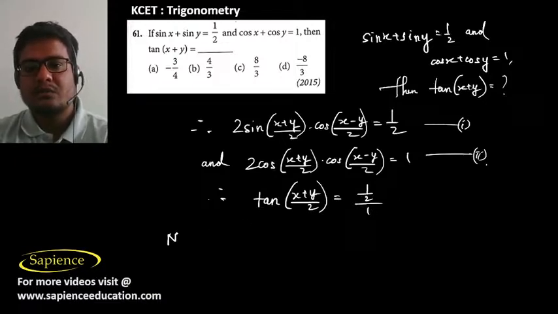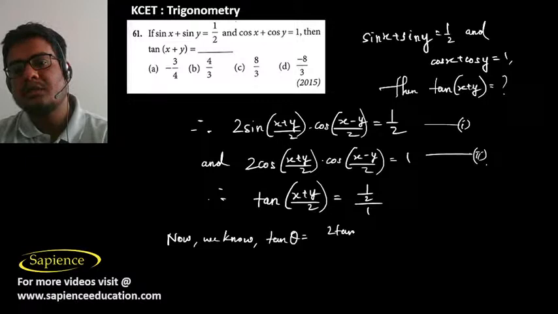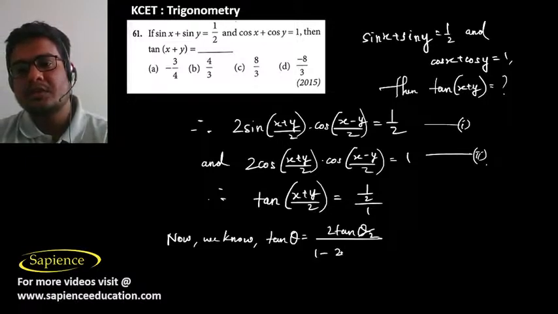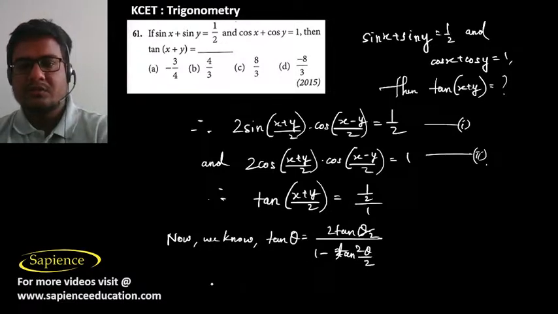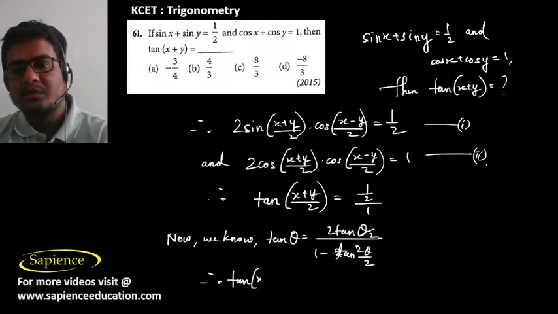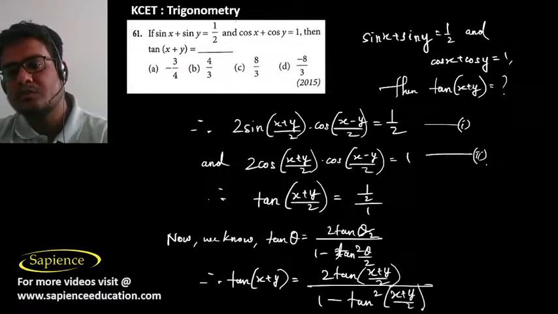So now we know that tan theta is equal to 2 tan theta by 2 divided by 1 minus tan square theta by 2. So this we can apply here. Therefore tan of x plus y can be written as 2 tan of x plus y by 2 divided by 1 minus tan square of x plus y by 2.